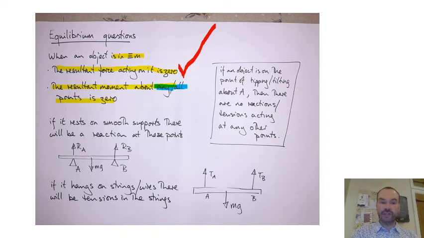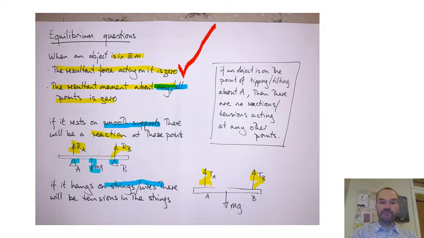If something's resting on supports, let's say it's resting on these pivots here, then we're going to include reaction forces on the diagram, a reaction at A and a reaction at B. If it's hanging on strings or wires, we're going to include tensions on the diagram, as well as weight.